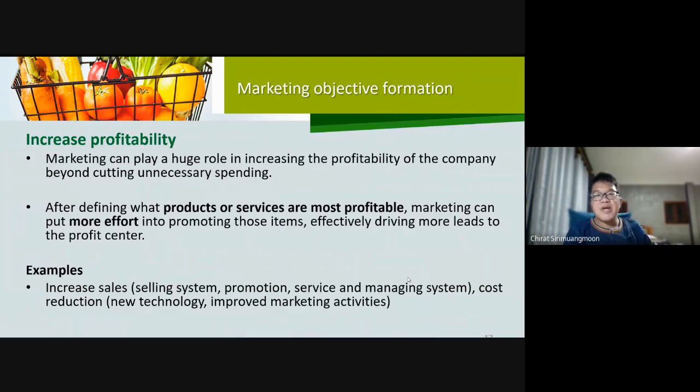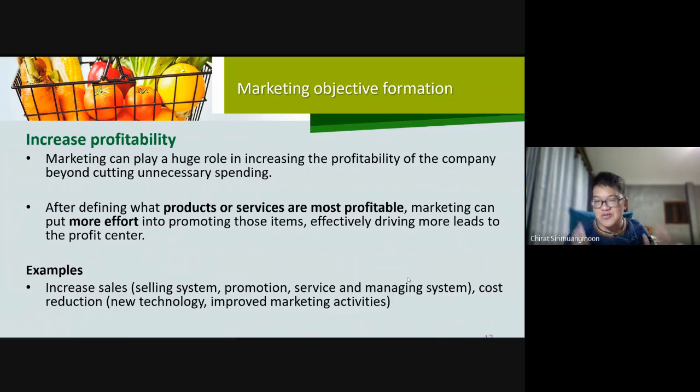Marketing objectives can have many choices. The first one I would like to teach you is increasing profitability. Generally, when you do business, you need to have profits, right? So in this case, you need to analyze yourself and see which product or service is the most profitable.